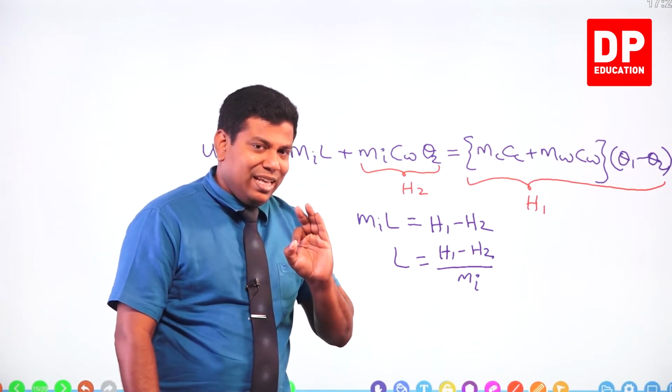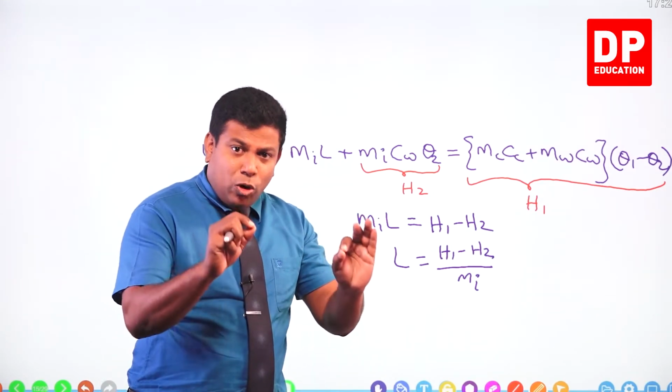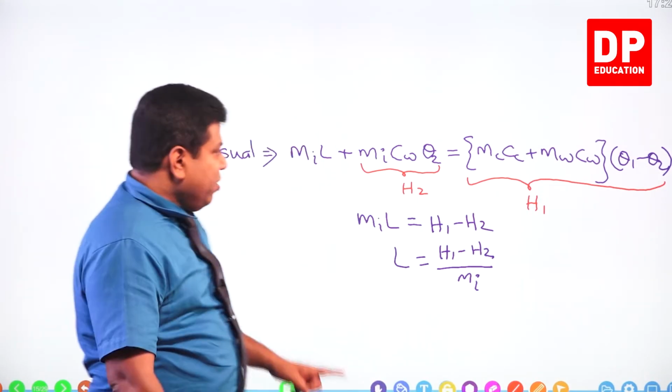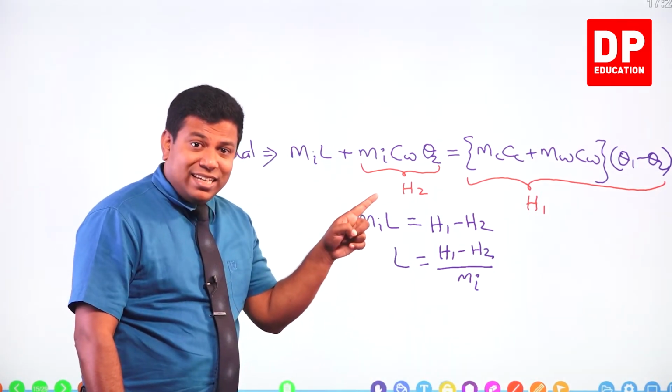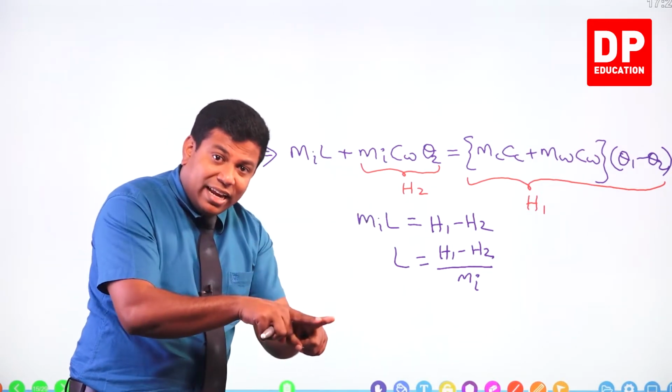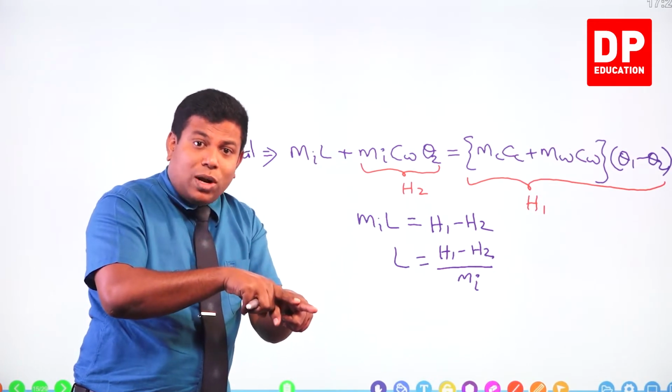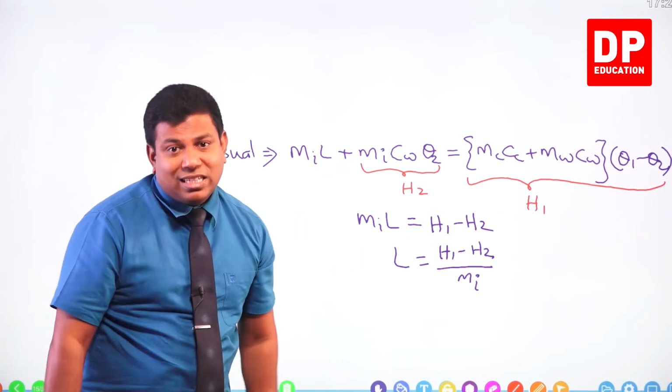What is missing? The ice cube was not at 0 degrees, it was at minus 2. So before it takes the latent heat, it would have taken heat to become 0 degrees. Unless it comes to 0 degrees, it is not going to melt.